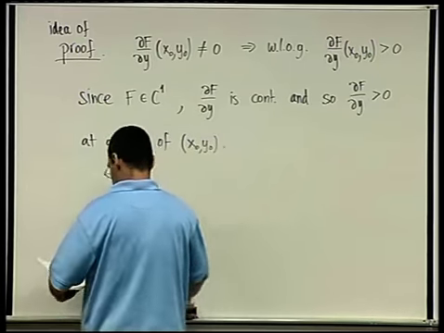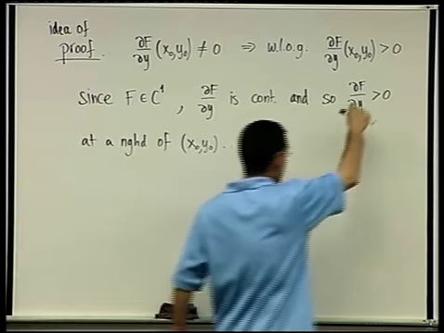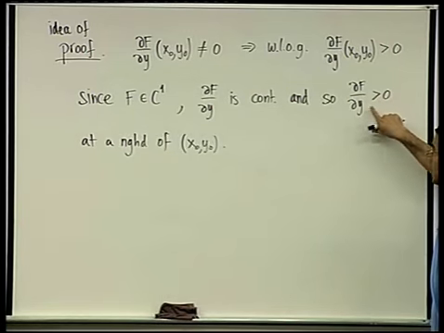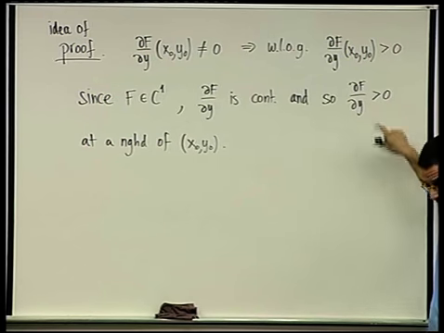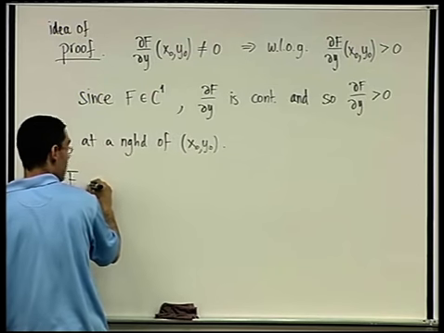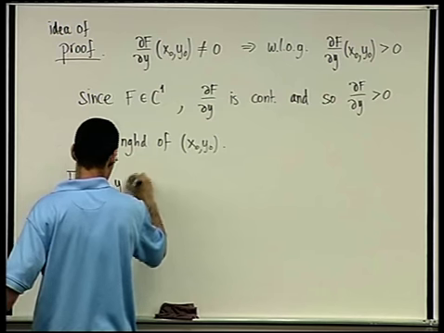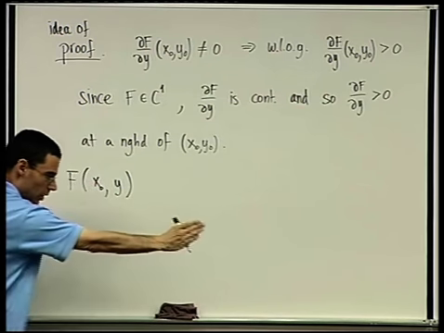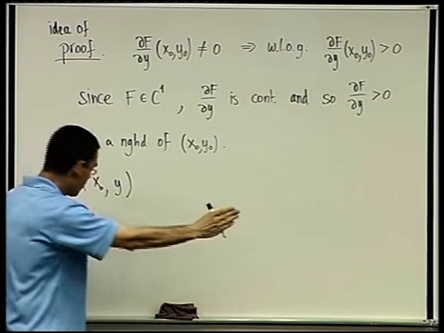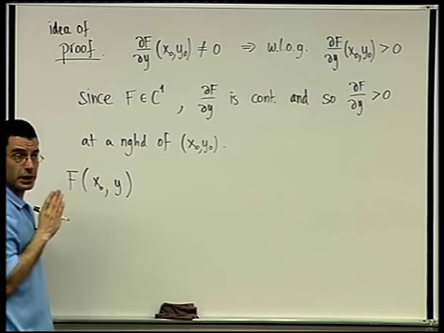Sorry, erase that line. So df to dy is positive. What does this imply regarding f at x0, y? If I only look along the slice where x0 is fixed and I allow y to vary.